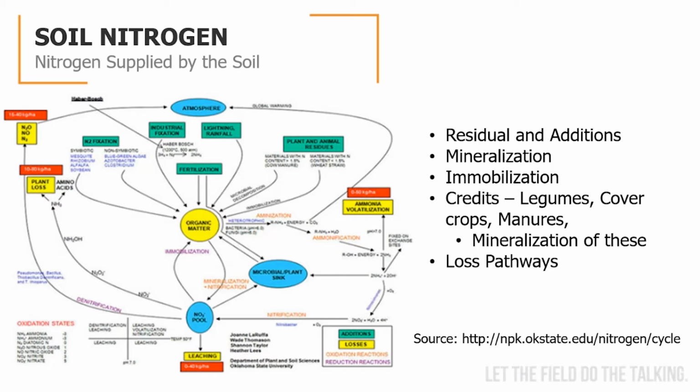For every 1% of organic matter in the top 6 inches of the soil profile, there's approximately 1,000 pounds of nitrogen per acre. And there's a really fine line between mineralization and immobilization going back and forth from your organic matter and what is actually plant available or not.